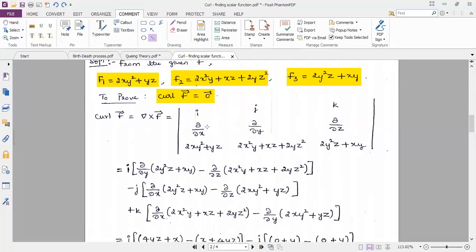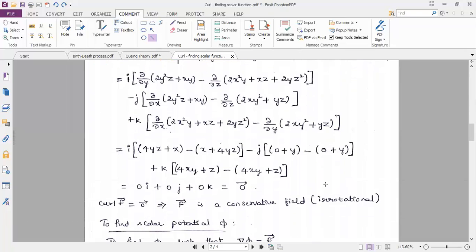Minus j into ∂/∂x of (2y²z + xy) minus ∂/∂z of (2xy² + yz). That's for the j component. Plus k cap multiplied by ∂/∂x of (2x²y + xz + 2yz²) minus ∂/∂y of (2xy² + yz). So that's how we expand a 3 cross 3 determinant.